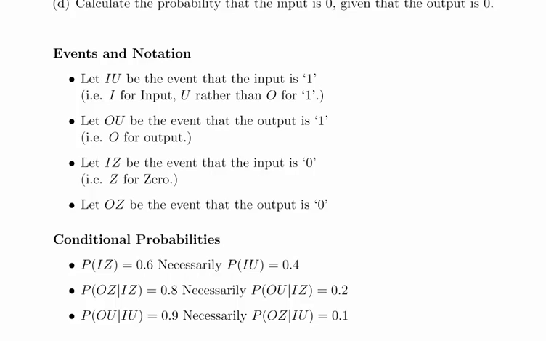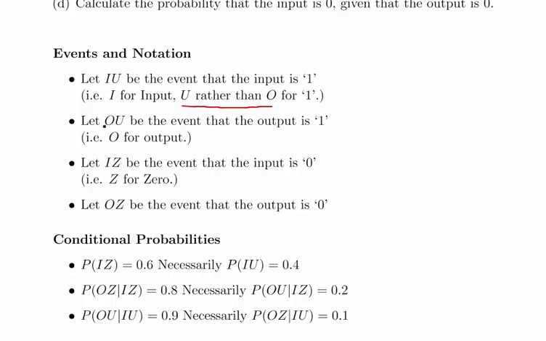So this is particularly awkward in terms of stating our notation. Okay, ones and zeros everywhere. So I have 4 events here. Let IU be the event that the input is 1. So here I for input and U rather than 0 or O for 1. Okay, U for unity, U for uno.